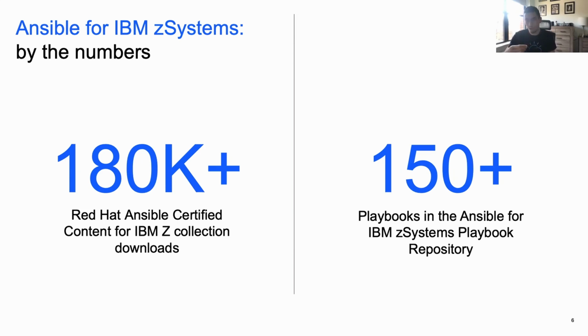So if you are starting to write playbooks today, please consider contributing back to the community to help others get started with Ansible as well. The more use cases we can represent here and help each other get started on, the better and easier we can automate and adopt an Ansible automation strategy with our platform here. So definitely excited to get more contributions this year to the Ansible playbook repository as well.